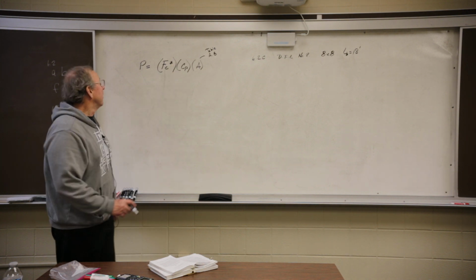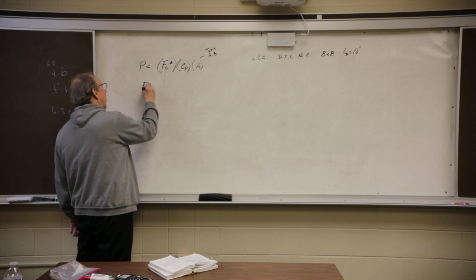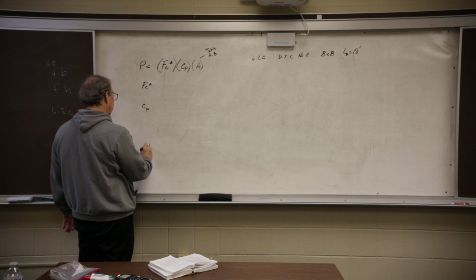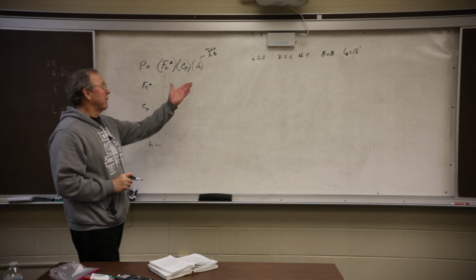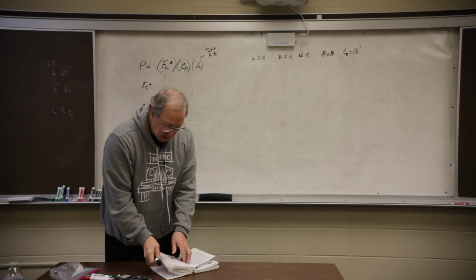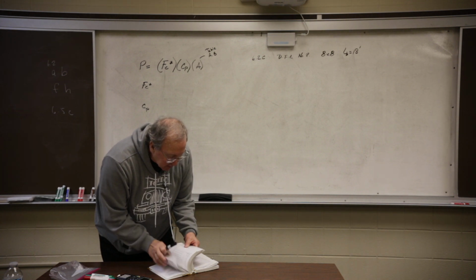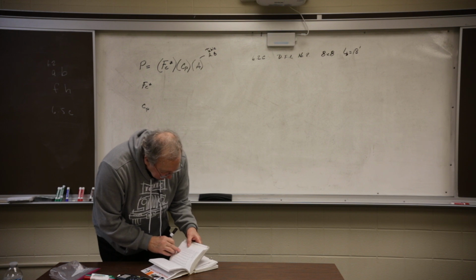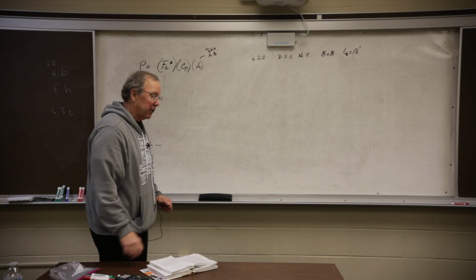So if I look at this, I've got what? FC star, I've got CP, and I've got A. A by far is the simplest. For this problem, I can already fill that in. All I got to do is go back to the back of the book, go to page 76, 77, look up an 8 by 8, look next to it, and the area is 56.25 square inches.